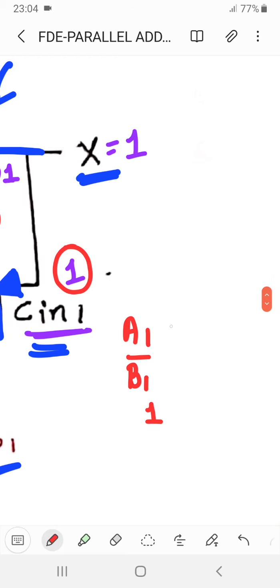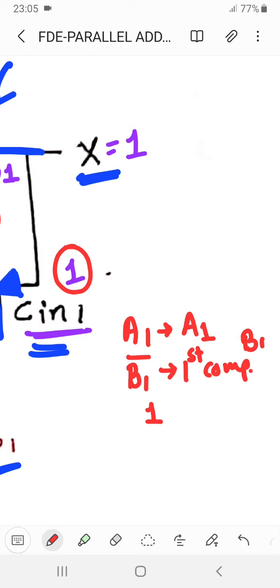So I can write down here: this is my first input A1, and B1 bar, it means the first complement of B1, and again I am adding plus 1 to it.